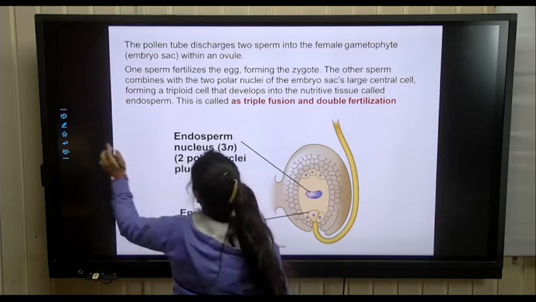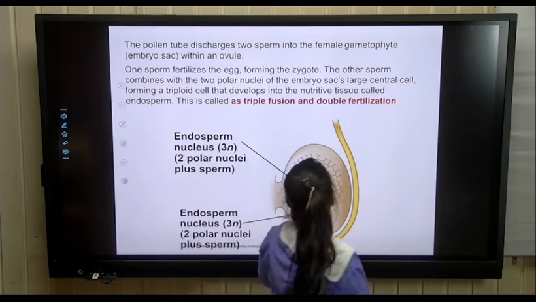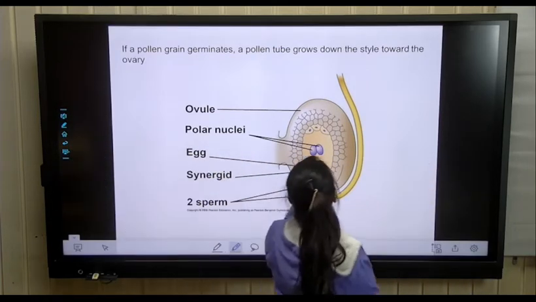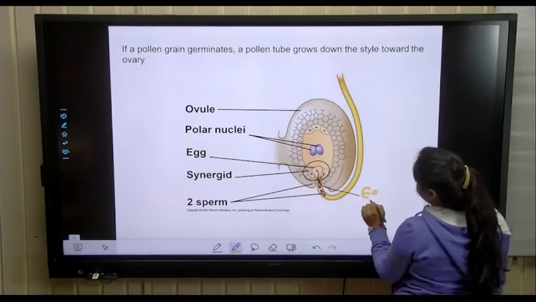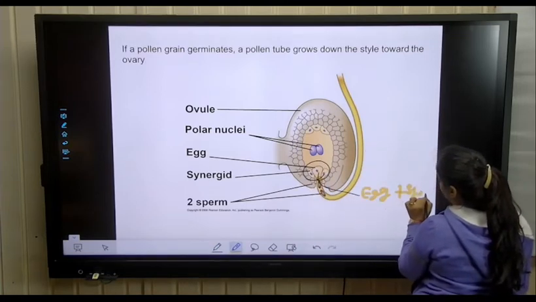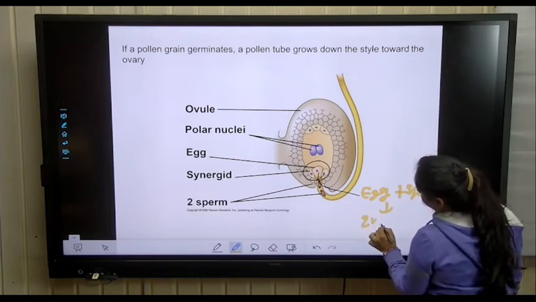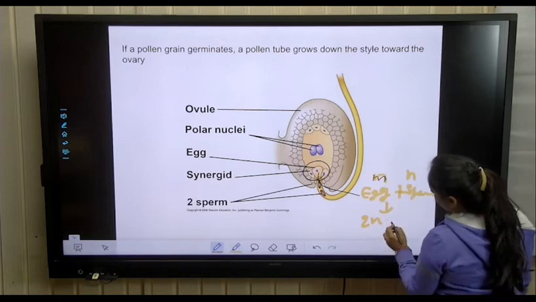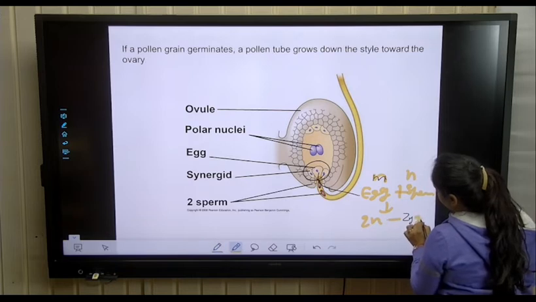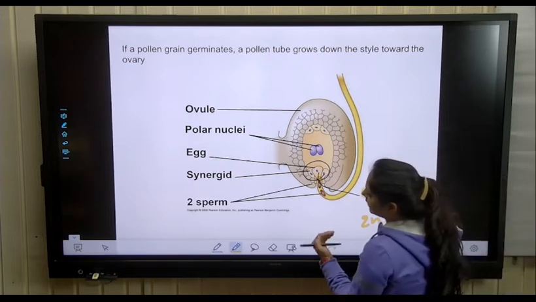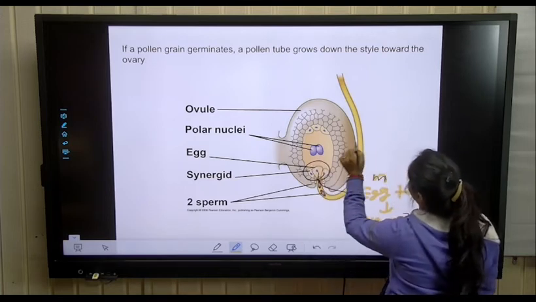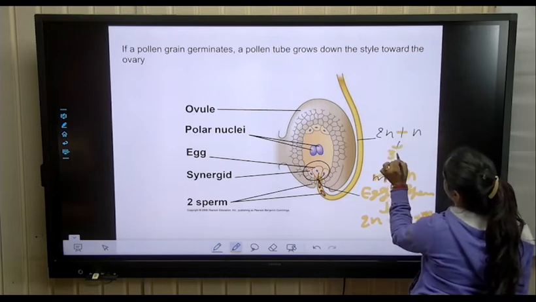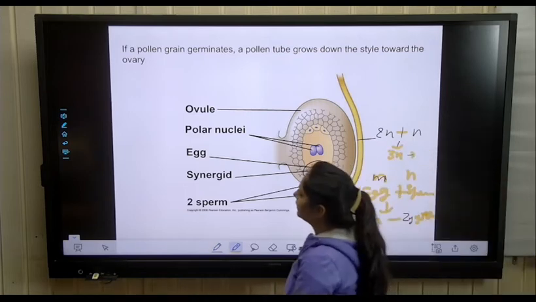So the egg cell n plus sperm n forms 2n, that is known as zygote. That develops into embryo, and the polar nuclei, that is already 2n, plus 1 sperm nucleus fuses and it becomes 3n, and it develops into endosperm.